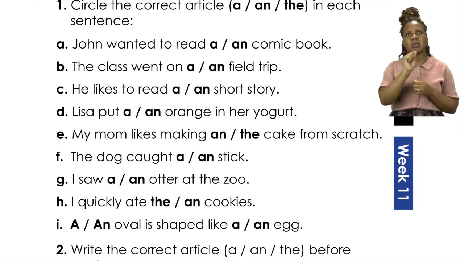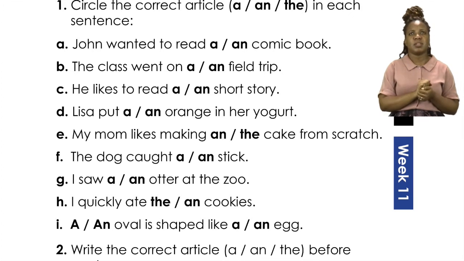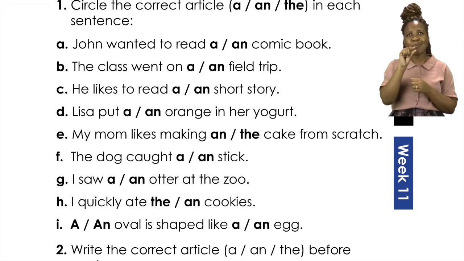If you remember our rules very carefully, we know that we use an for any vowel sound before. The word we're supposed to be looking at is the word comic. Now because comic starts with a k, a c, that means we are not going to use an. So the one we are circling here is a. Now let's read the sentence clearly. John wanted to read a comic book. So please circle the a for A.